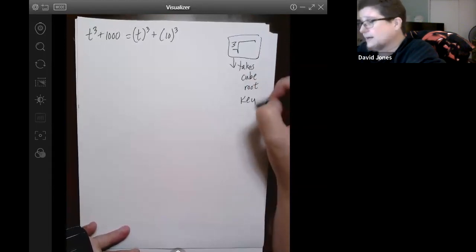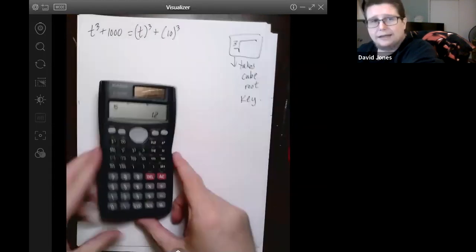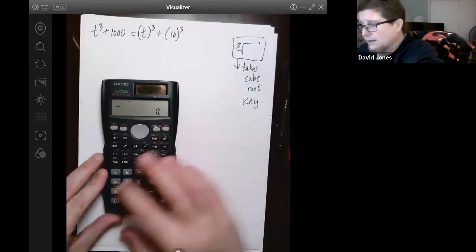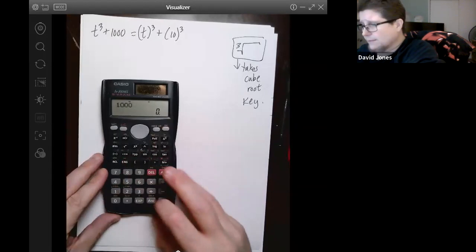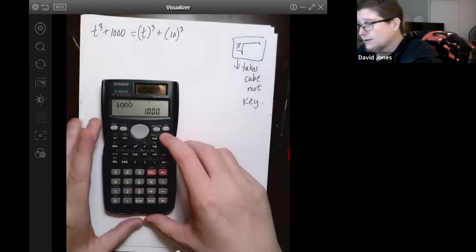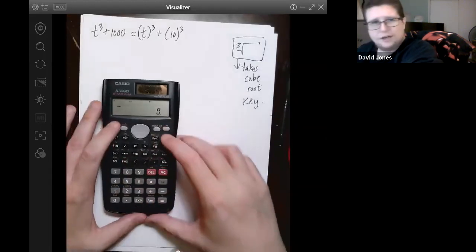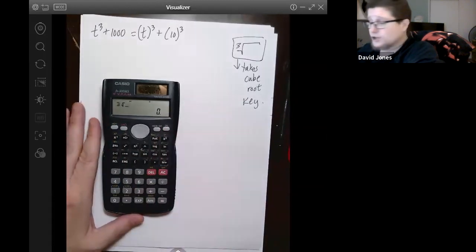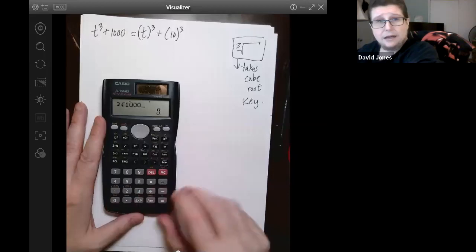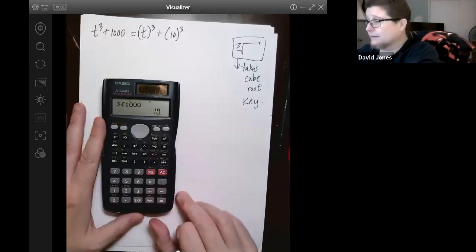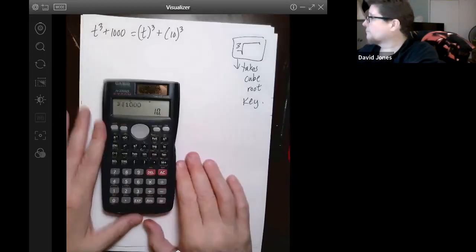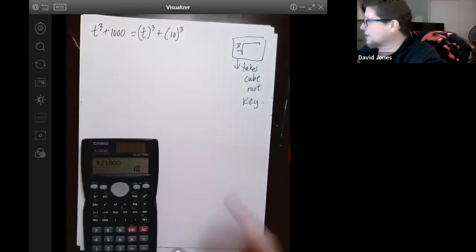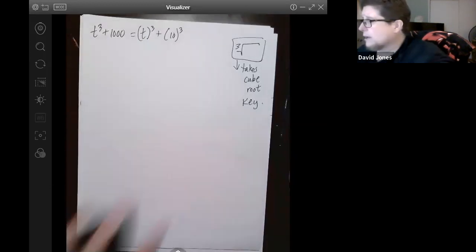So the way you can find it is hit 1,000, maybe enter, and then hit shift. I had to hit shift to get to the button above. It says cube root. I'll put in 1,000, and it gives me 10. Okay. And I'll show that again in another second on the next problem.